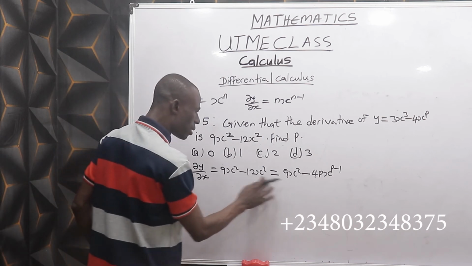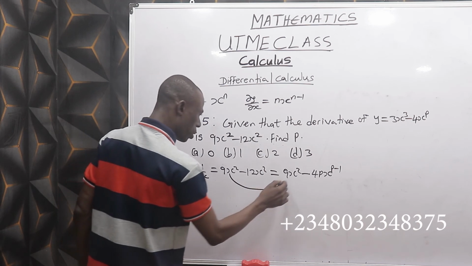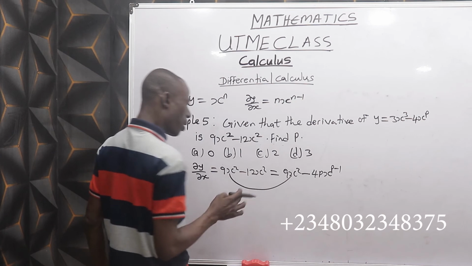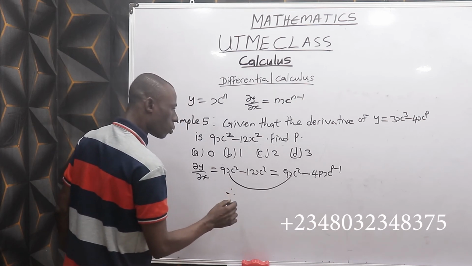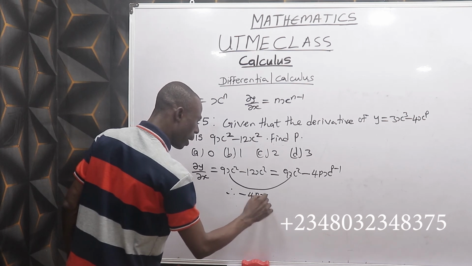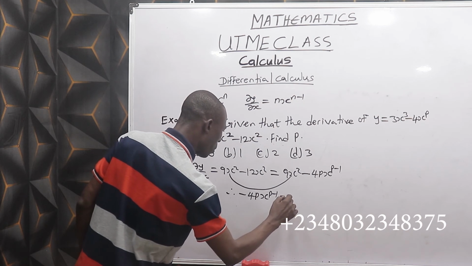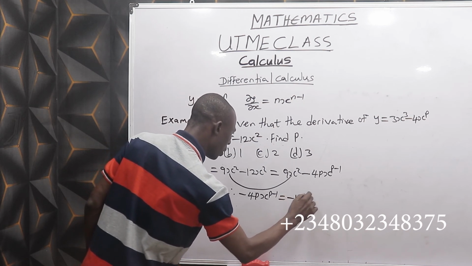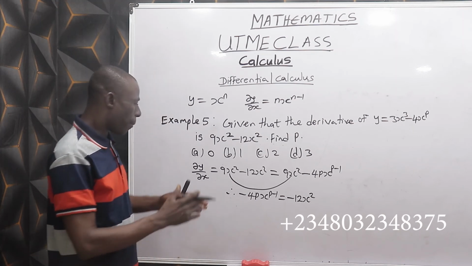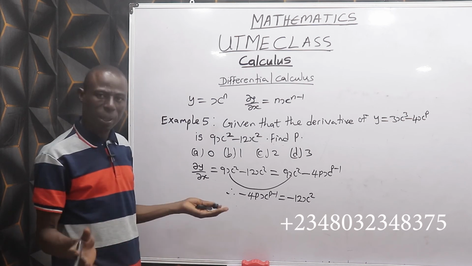So if this is equal to this, we can affirm that this first term is equal to the first term here. Therefore, also minus 4p x raised to power p minus 1 is equal to minus 12x raised to power 2.